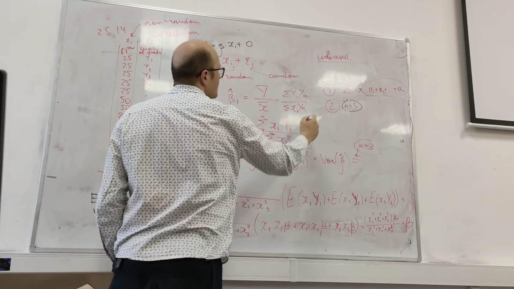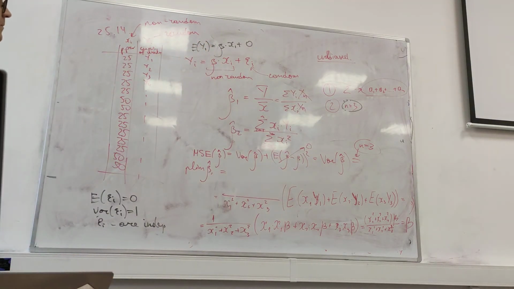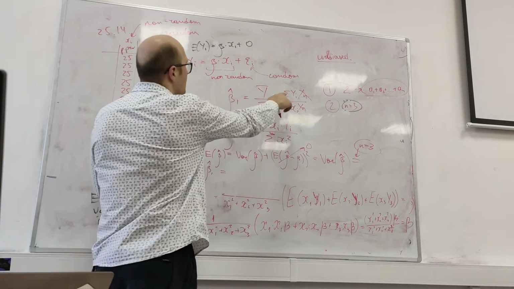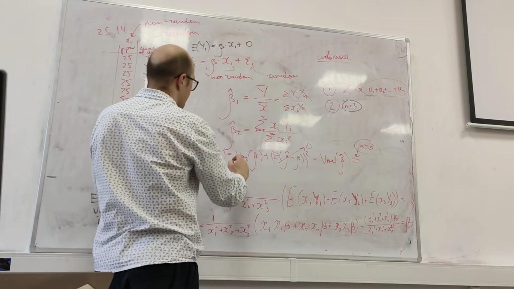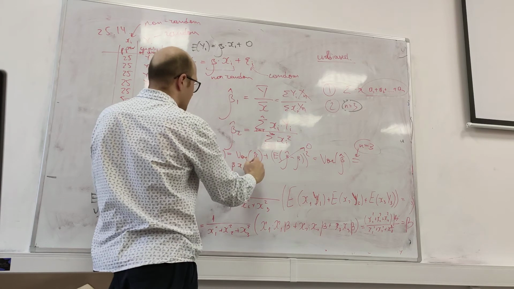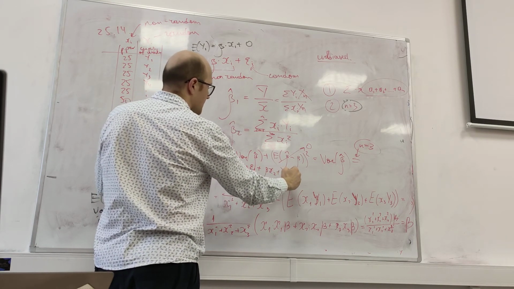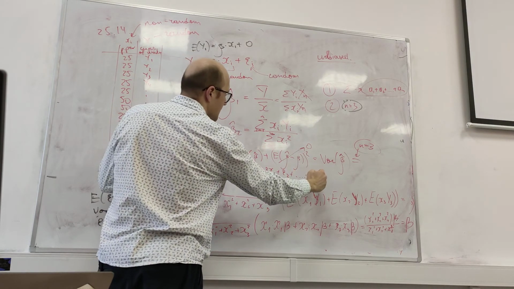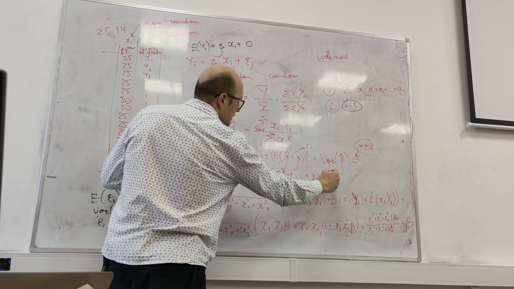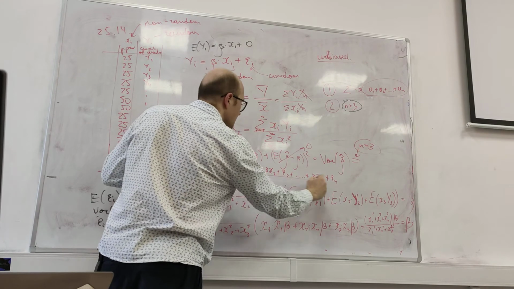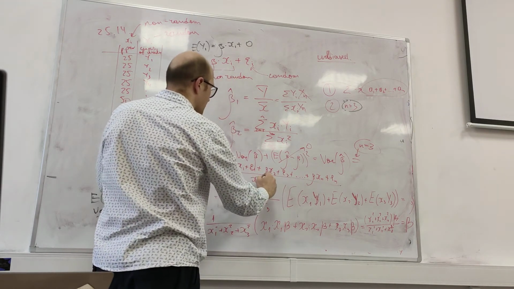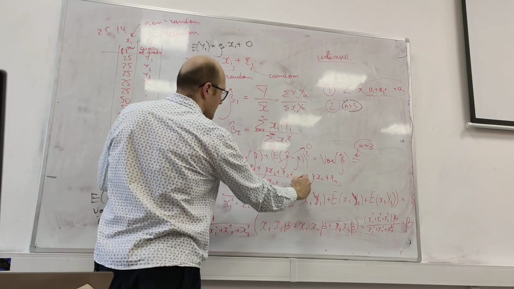First I remove n. What will I have? Beta x1 plus epsilon 1 plus beta x2 plus epsilon 2 plus ... plus beta xn plus epsilon n, divided by x1 plus x2 plus ... plus xn.